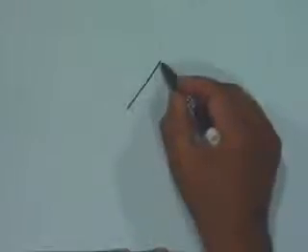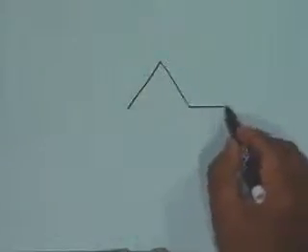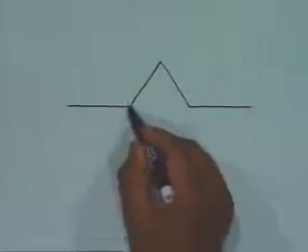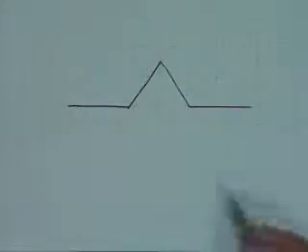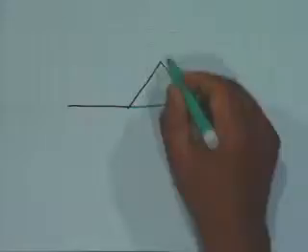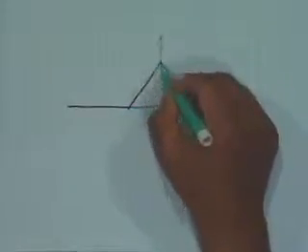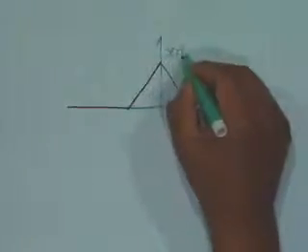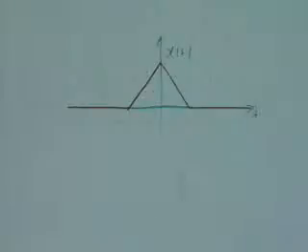We next consider some types of signals. We go back to our triangular signal, which is very convenient to handle, and let's say this is the axis x of t versus t.